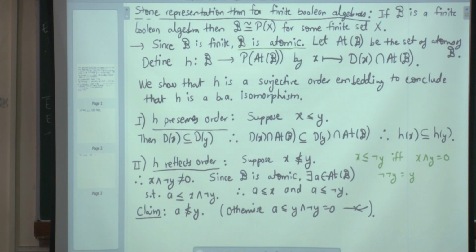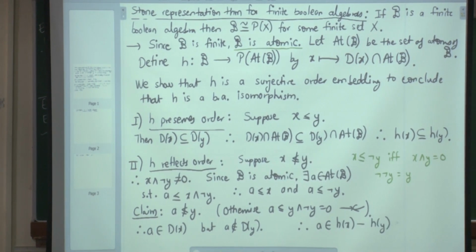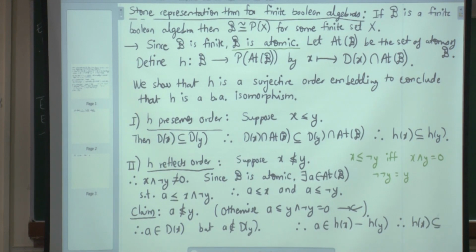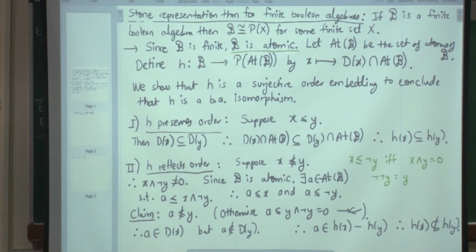So by the claim, what do we know now? Therefore A belongs to the downset of X, since A is less equal X, but A does not belong to the downset of Y. So we got that A is an atom which belongs to the downset of X but doesn't belong to the downset of Y, and therefore A is in H of X but not in H of Y, and therefore H of X is not a subset of H of Y. Done?